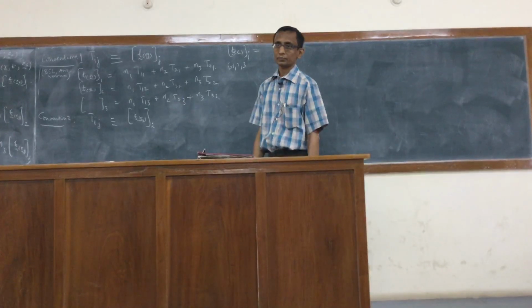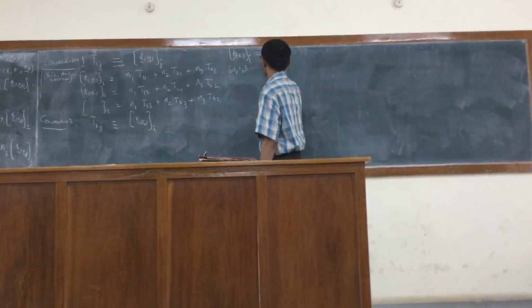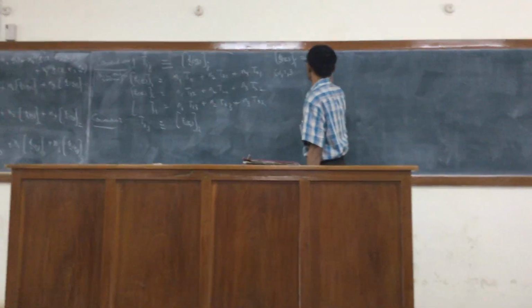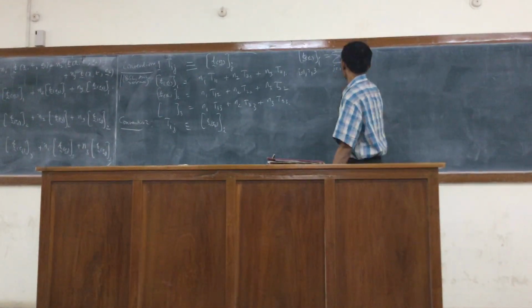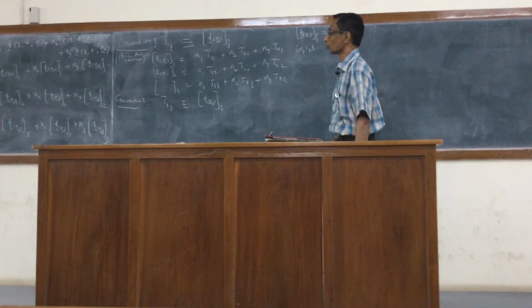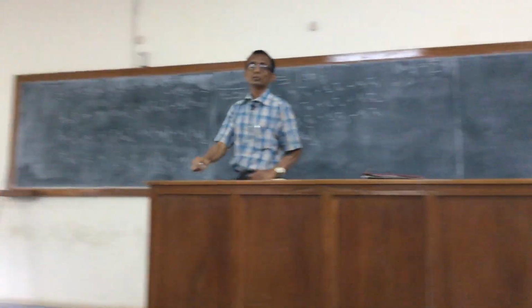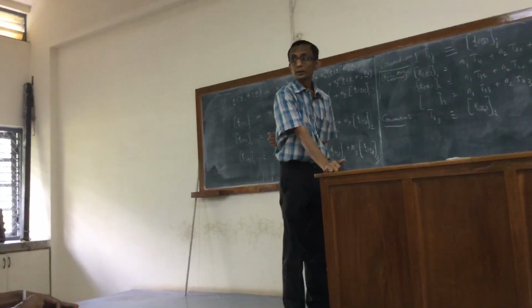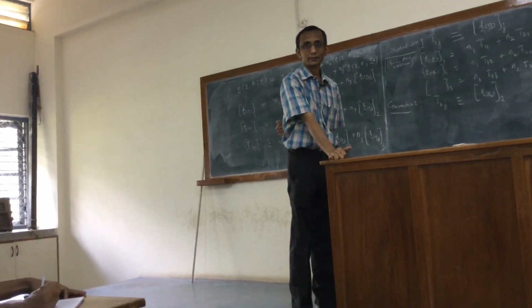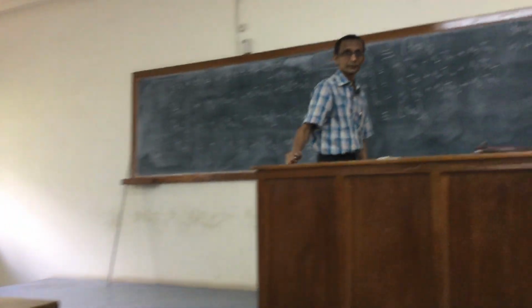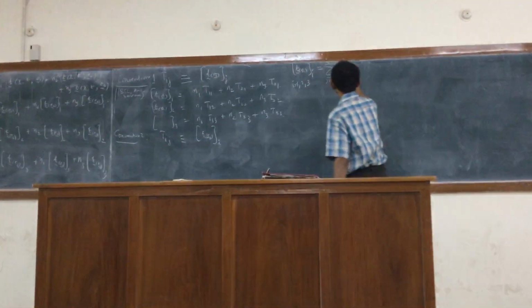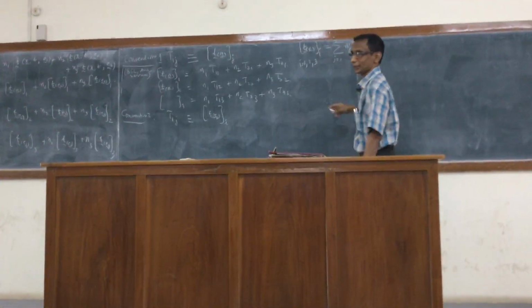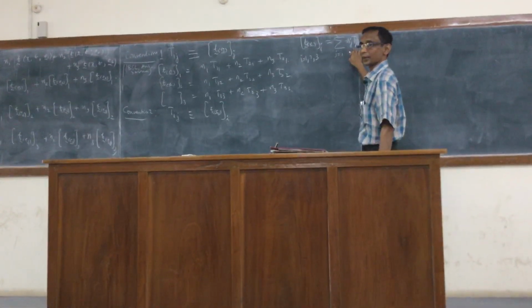a sum, right? Sum j equal to 1 to 3, Nj Tji. In the repeated index, j appears twice clearly.